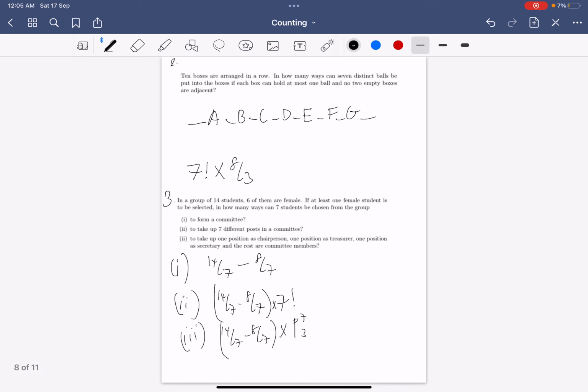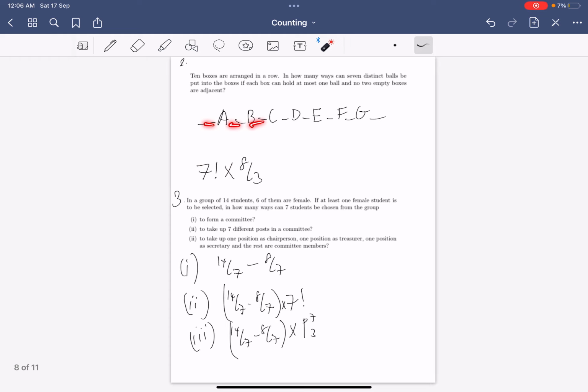Now we say that there are 10 boxes arranged in a row, and 7 balls are put into the boxes such that each box holds at most 1 ball, and no 2 empty boxes are adjacent. So you can imagine that you arrange the 7 balls first, and since they are distinct, that gives us 7 factorial. But you have 10 boxes, which means you have to put 3 empty boxes inside the slots of the 7 balls.